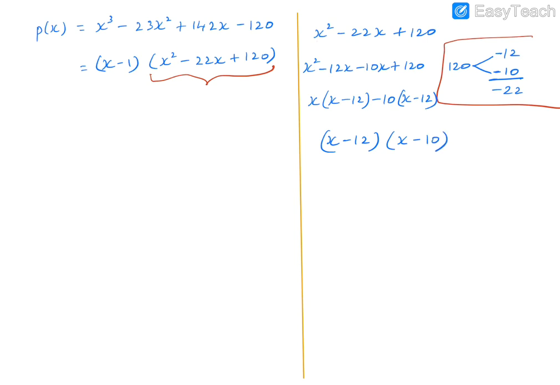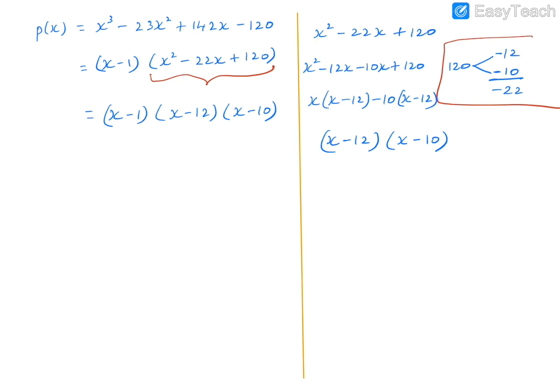So we now have split the quadratic factor into further two factors of degree 1. So we can rewrite this as x minus 1 into x minus 12 into x minus 10. So the complete set of factors for our given cubic polynomial are x minus 1, x minus 12, and x minus 10.